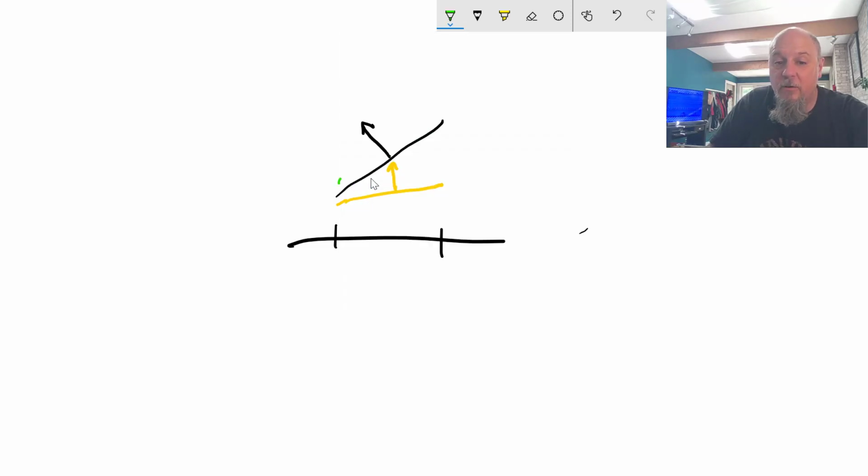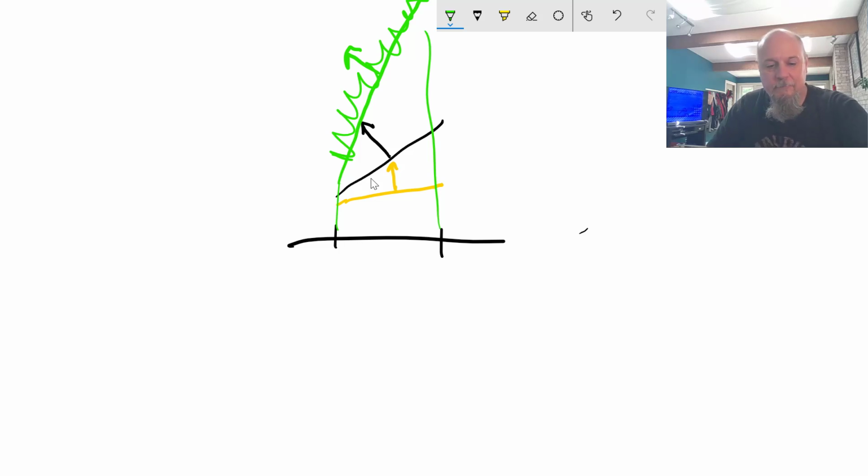If it's super tilted, it still has the same shadow, but the length of that is way more than the yellow. So the more I tilt the gradient, the more area I get per the same amount of shadow. So it makes sense that it's got the gradient in it.